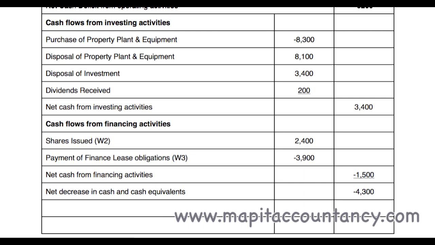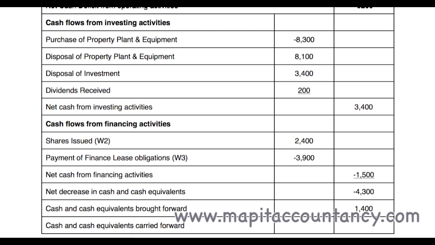Now we can check whether that's correct or not, because we're told in our statement of financial position how much cash we actually have in the business. The cash brought forward, if you look at the statement of financial position, was 1,400. So in our cash on our statement of financial position, we had 1,400 in 2010. Now that cash had disappeared by 2011, but if we look down to the bottom, we had a bank overdraft in 2011.